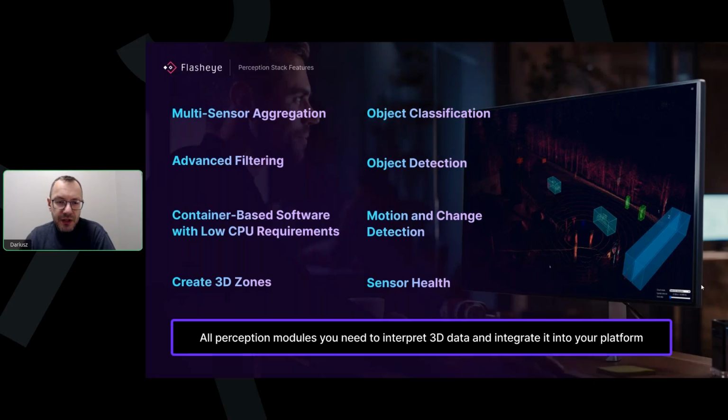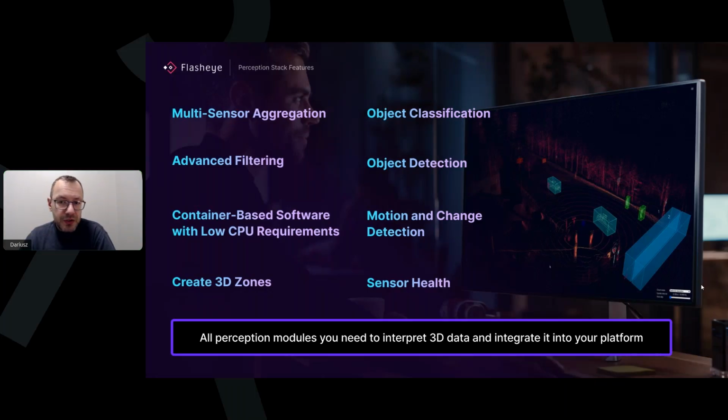Everything is container-based software with low CPU requirements, so you can even find sensors running our software directly on them on the market. And you can create 3D zones in the areas which are the most critical, the most interesting for you to detect and react on, together with integrations where you can get metadata to the systems you already use and interpret it in the right way.